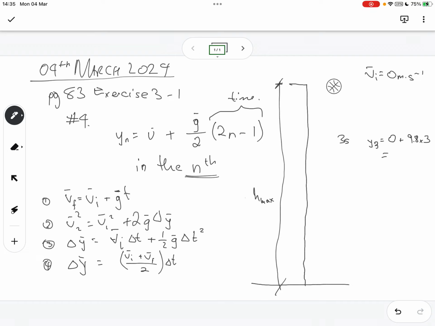And we're told that the time is 3 seconds. So if you take 9.8 and multiply it by 3, how much do we get? It gives us 29.4 meters.